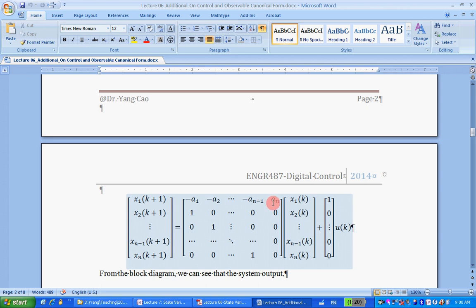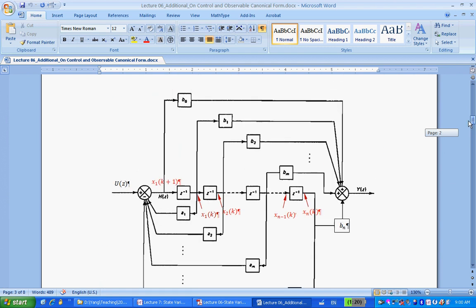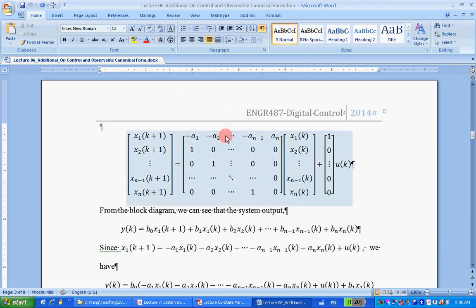What I need you to know in the future is where this is from, and given that z transfer function, you can make use of these final results that are here to derive your state space model. So just make use of this. This will be fine. Was that okay?